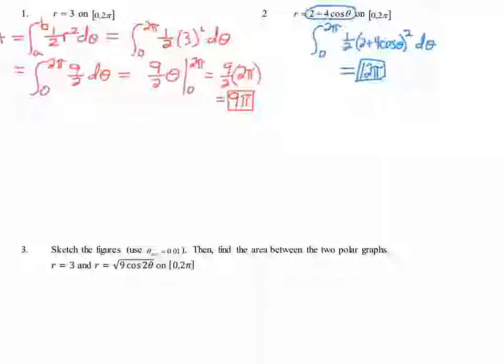So it may be perfect for the r equals 3. In fact, it is, because we did it already. But it may be an overestimate for the r equals the square root of 9 cosine 2 theta. So just give it a quick look in your calculator. I'll just type it in and then I'll show you on the big screen real quick.